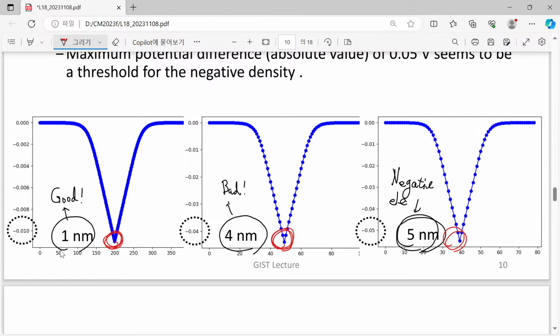In this good case, its value is slightly larger than 10 millivolt, maybe about 12 millivolt. And in this bad case, it is more than 40, about 45 millivolt.